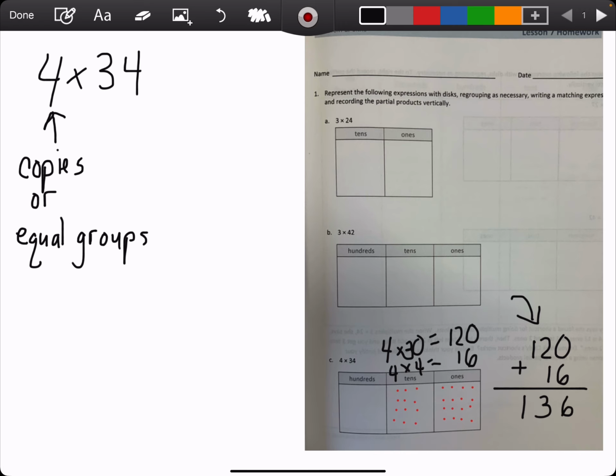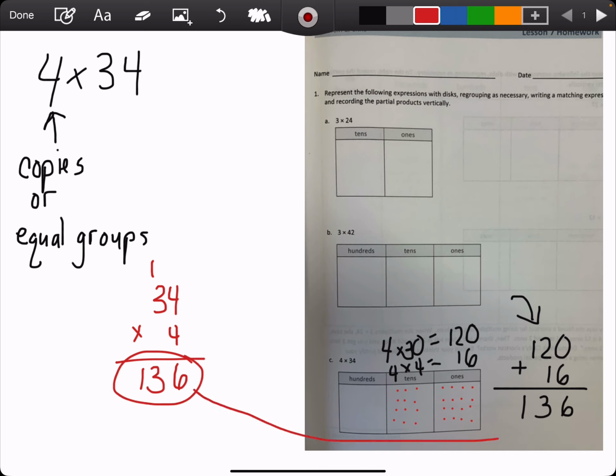Let's now go to the standard algorithm. 34 times 4. Start on the bottom. 4 times 4 is 16. Carry the 1, put down the 6. Now, 4 times 3 tens is 12 tens, plus 1 more is 13 tens. You get 136.